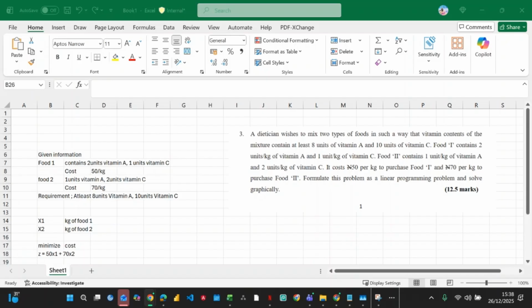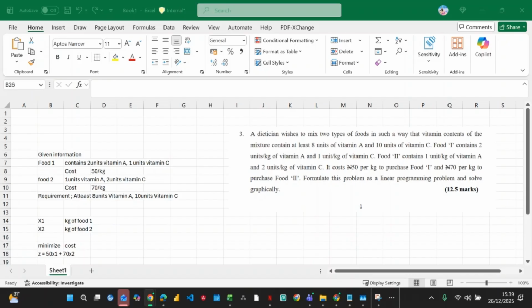So what is linear programming? Let me explain it in a very simple way. It's a technique that helps managers use limited resources wisely. Because I want to do a project, I want to produce something, but I don't have too much.